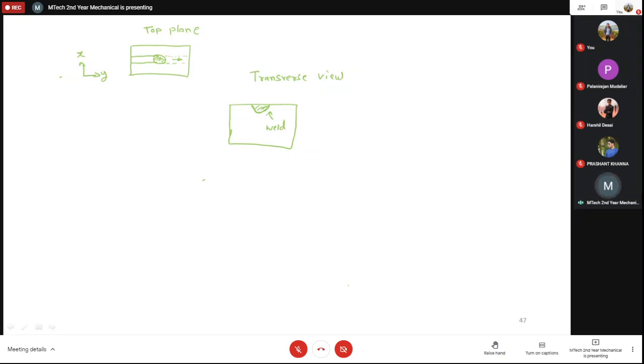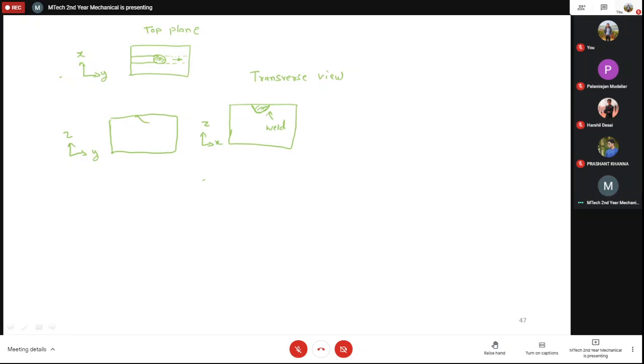Okay, so this is what you will get when you use the transverse plane, and if you are using the longitudinal plane, then the information you will get will be something like this.